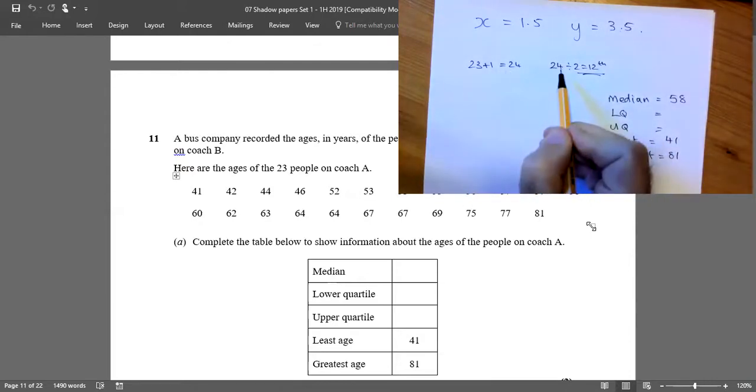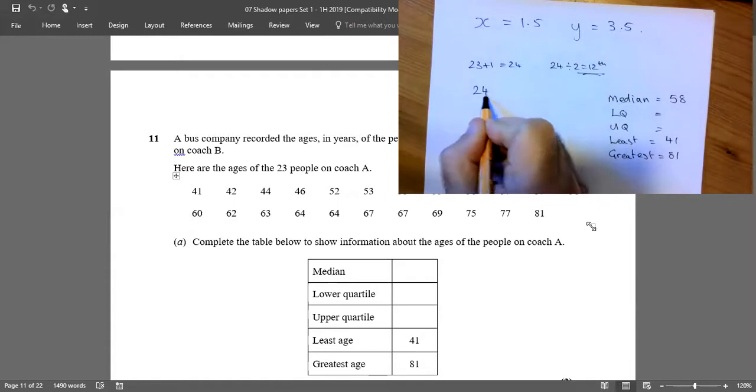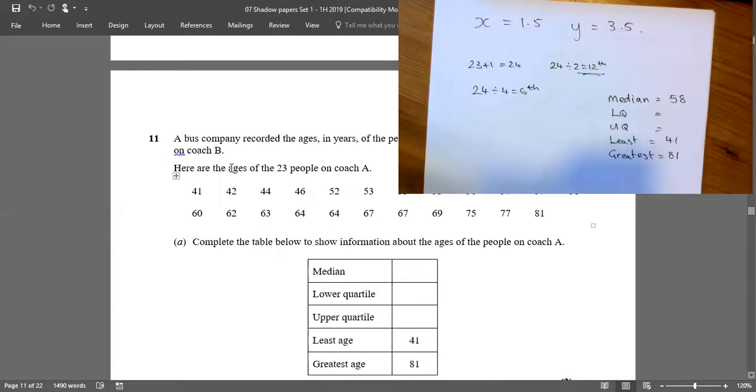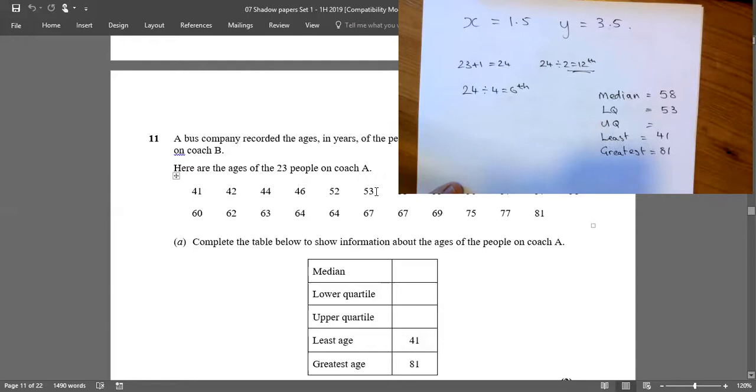So if there's 24 bits of data, 24 divided by 4 gives me my 6th piece of data is my lower quartile. 1, 2, 3, 4, 5, 6. 53 is my lower quartile. My upper quartile will be 6 from the top end. 1, 2, 3, 4, 5, 6.